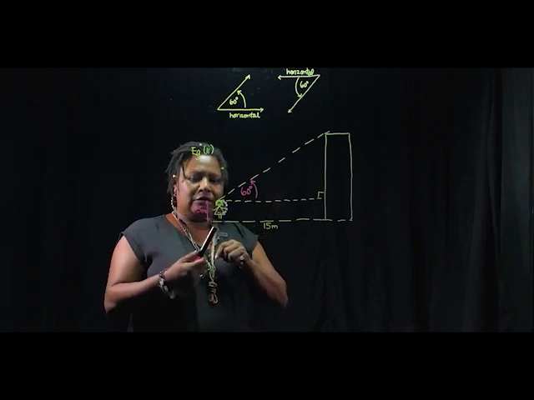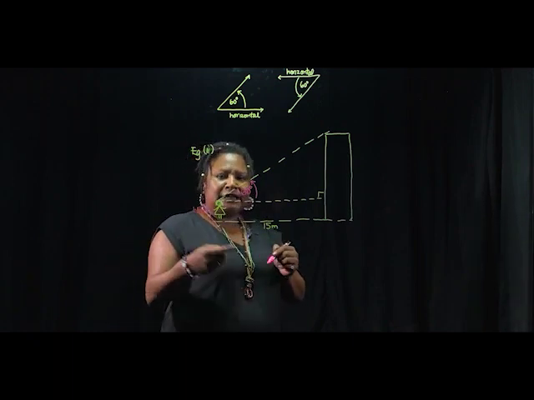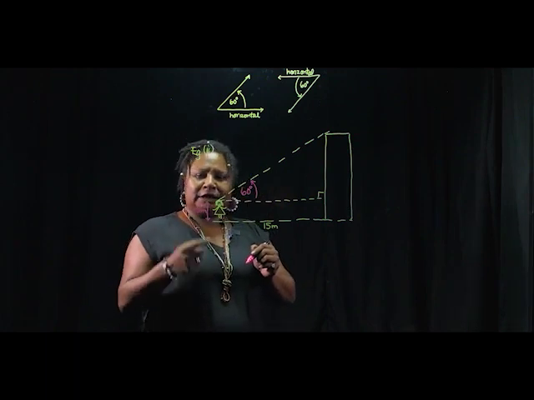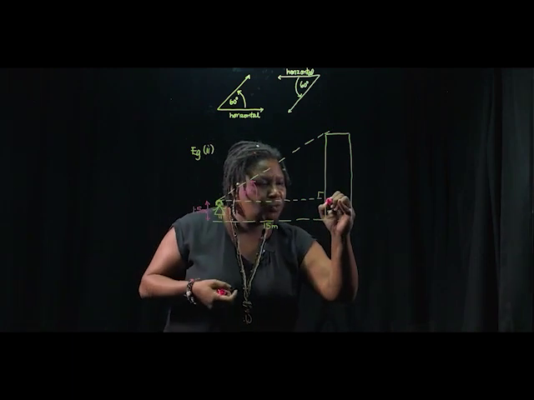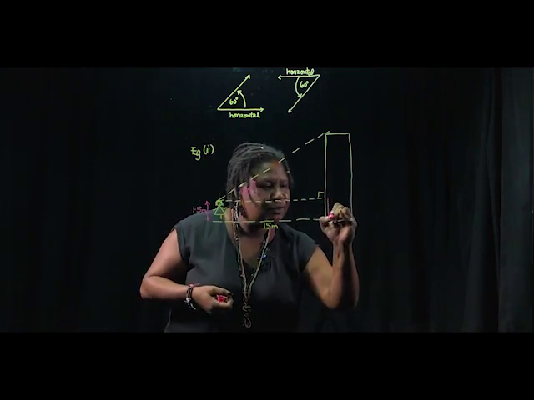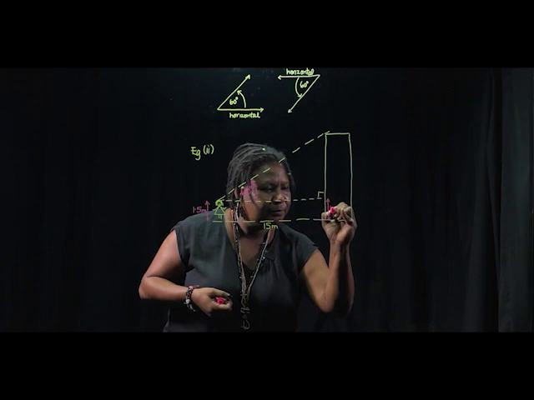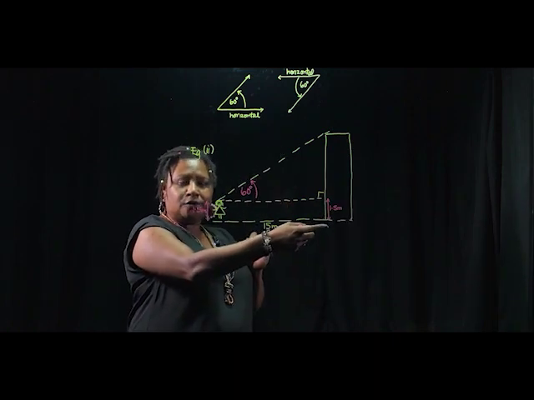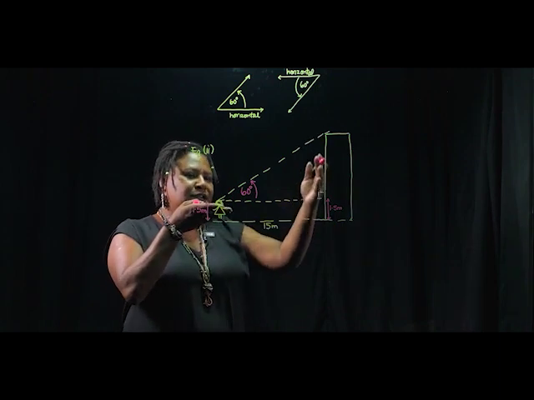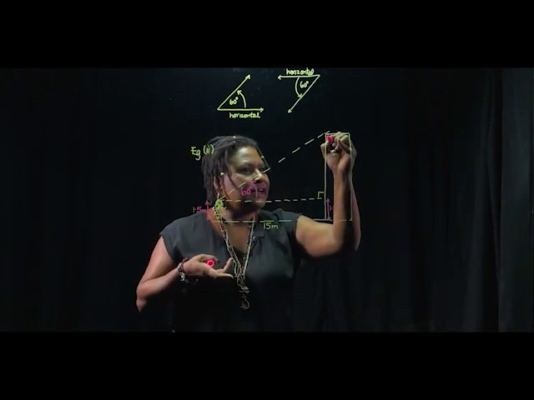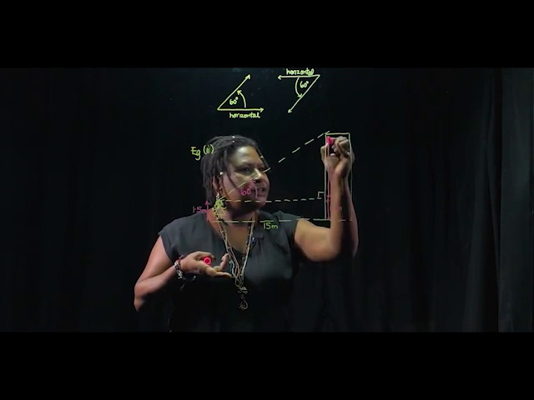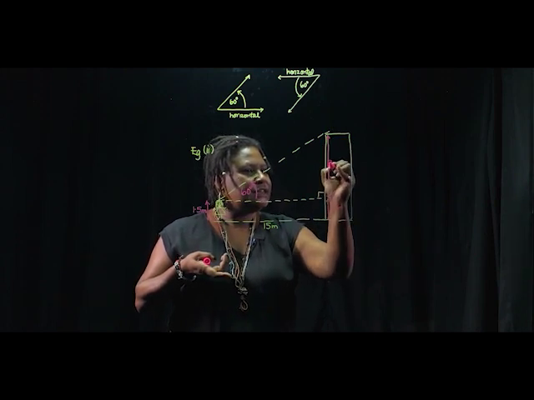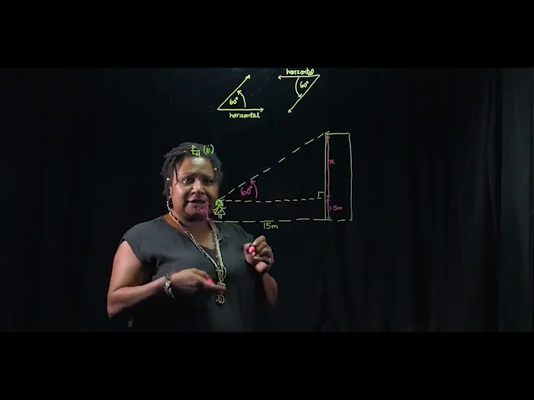Now how are we going to use this to find the height of the building? We already know that she's 1.5 meters tall, which is part of the height of the building. So we are going to use this triangle to find the distance from here to this point. Let's say this is your unknown, x.